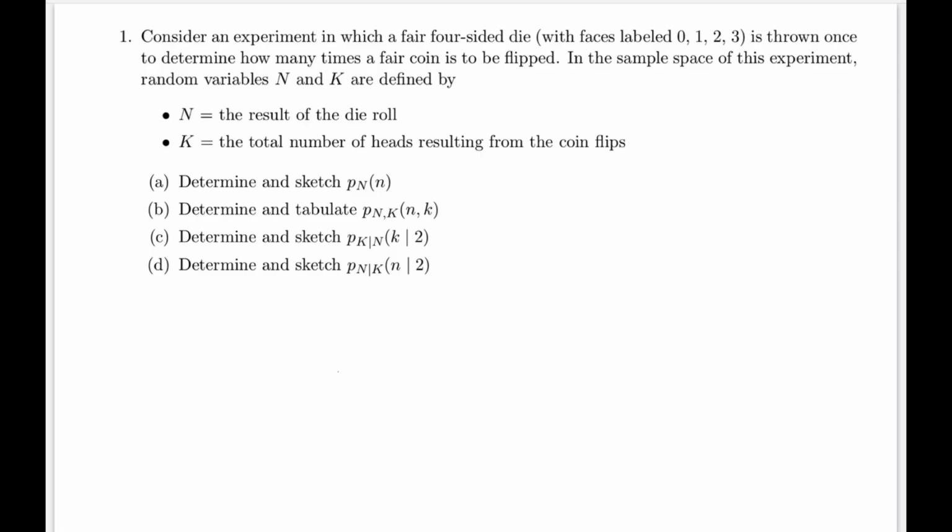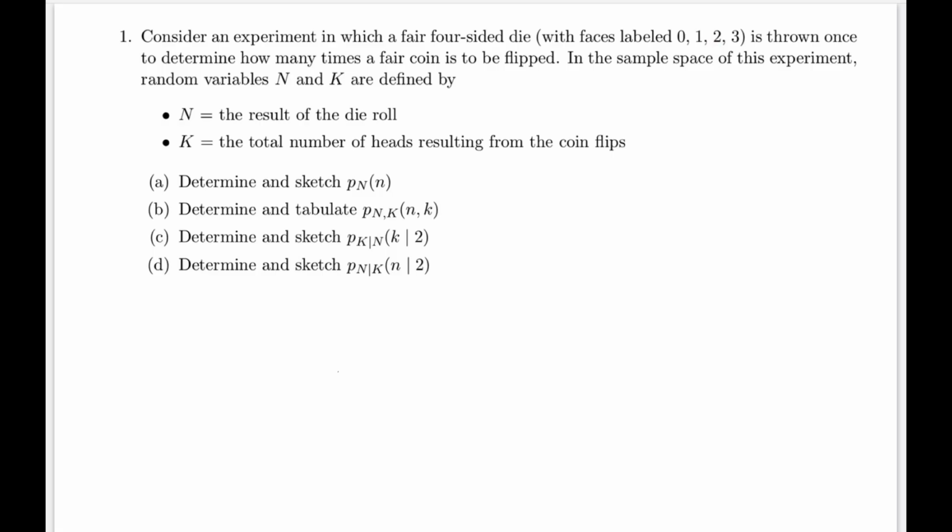So what you are doing, you have a tetrahedral die. From the start of the lecture we have taken this tetrahedral die. It has four sides, and the four sides are marked with the labels 0, 1, 2 and 3. You throw it once and maybe you will get 2.